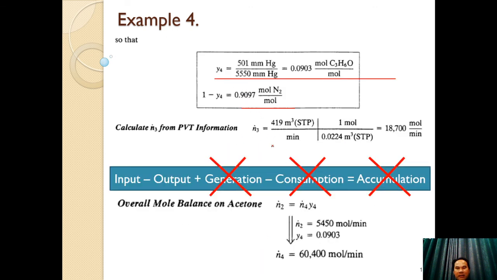In this case, for N3, you know the standard cubic meters per minute, 419. But the standard state, you know, is 0.0224 cubic meter per 1 mole. You compare to the standard, and N3 is 18,000 mole per minute.